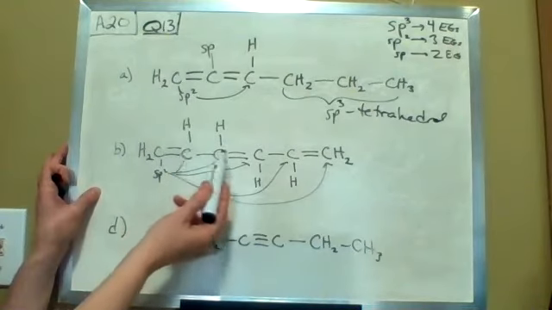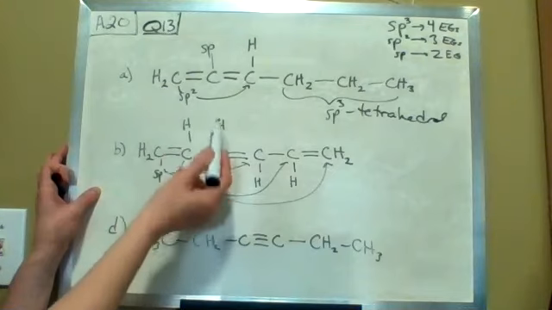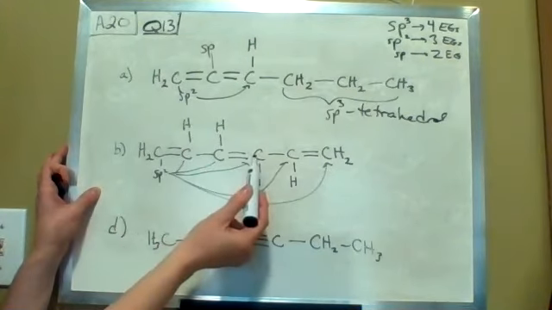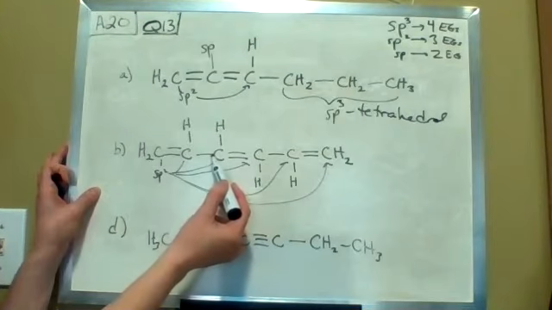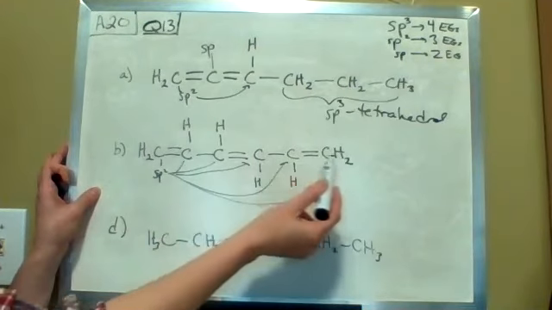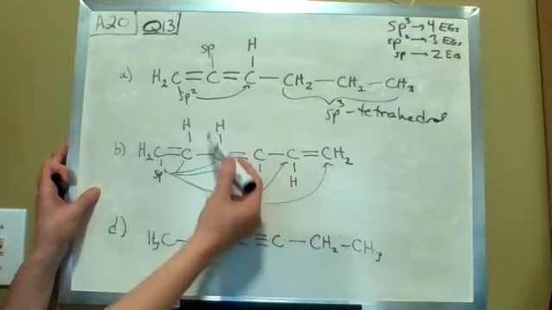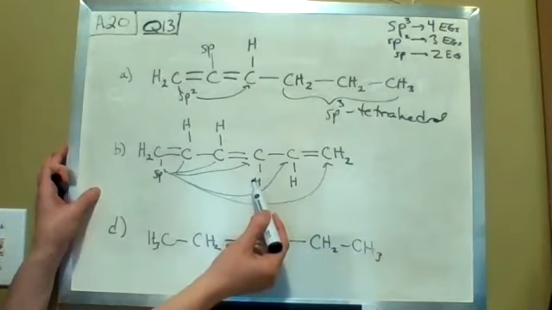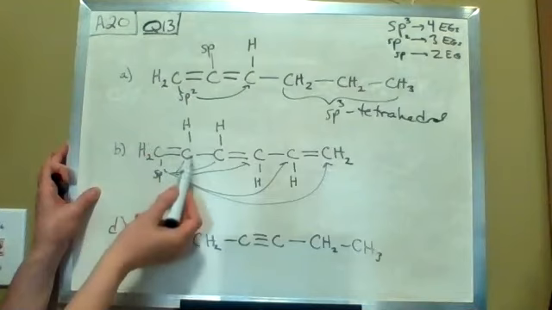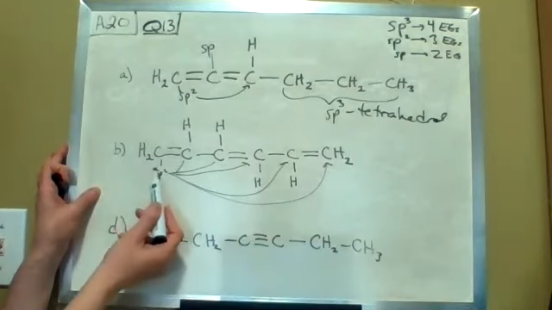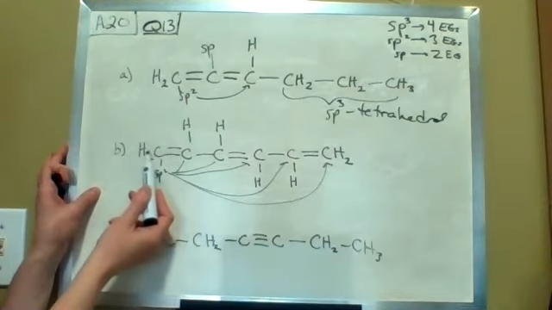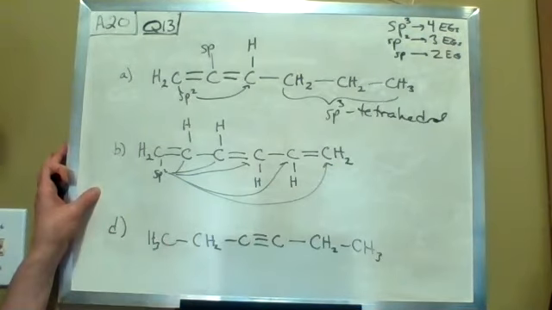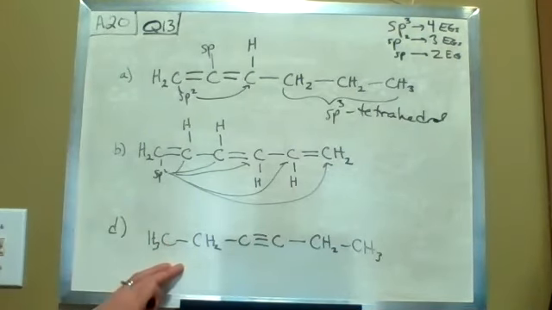But looking at this double bond right here, you have a larger group attached to this carbon, a larger group attached to that one, smaller, smaller. The fact that they're drawn on opposite sides of the double bond means this would be trans. This end one and that end one, you don't have an opportunity for cis or trans because it's the same thing bound to this carbon, H and H. There are no differences.